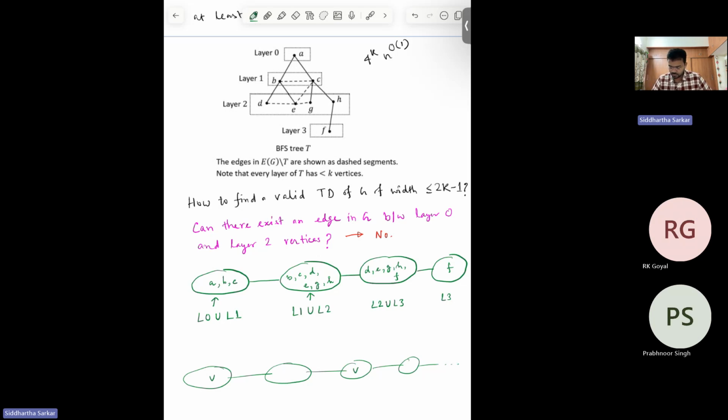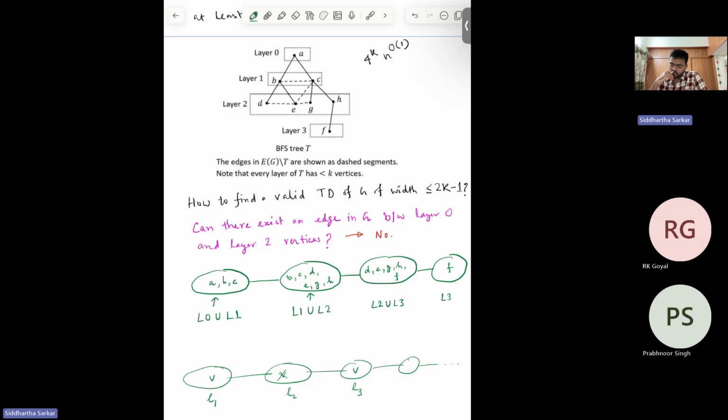Now there is a vertex, let us say V, which is in two non-consecutive bags. V is not here. V does not exist here. Then we have a violation. But if this happens, observe that these bags correspond to root to leaf paths. Say this corresponds to leaf 1, this to leaf 2, and this to leaf 3.